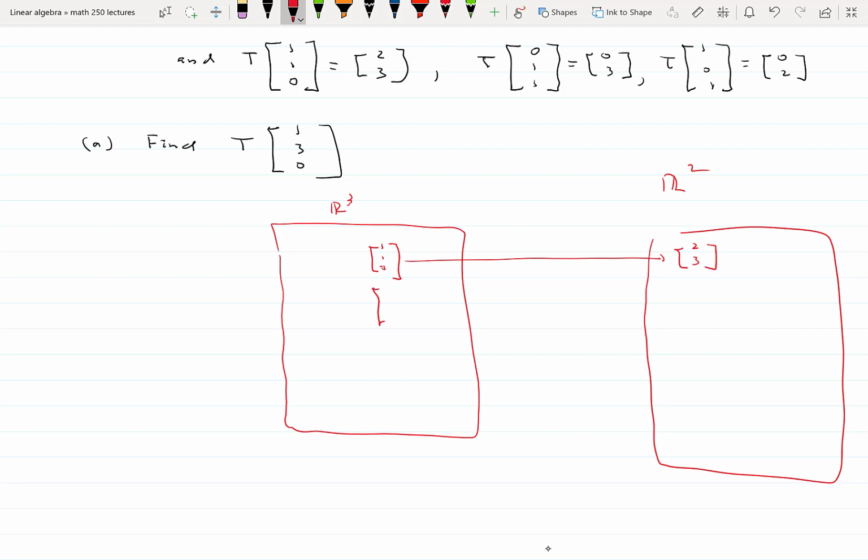It takes the vector (0, 1, 1) and turns it into (0, 3). And it takes the basis vector (1, 0, 1) and turns it into (0, 2). That's all this linear transformation does that I know. So I want to know what it does to the vector (1, 3, 0).